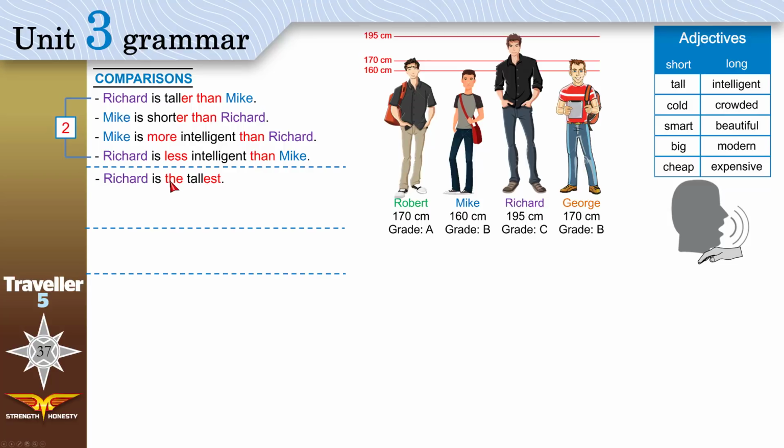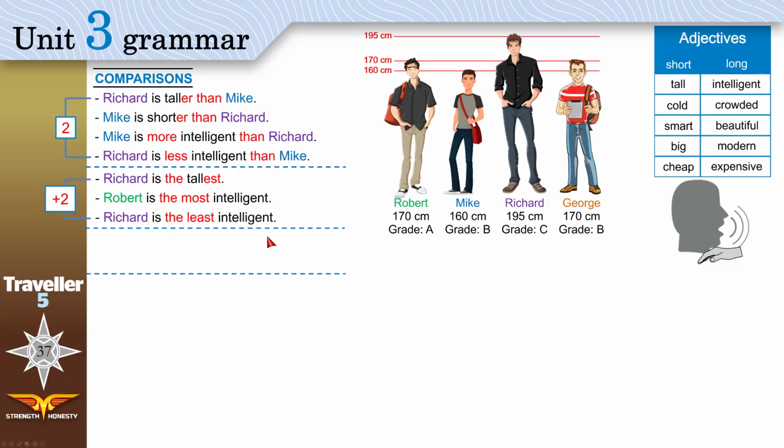Add the before the short adjective, and add est to the adjective. If the adjective is long, we don't say more, we say the most, and the opposite of the most is the least. Richard is the least intelligent. Nobody is C except him. Everybody is higher. Comparing between more than 2, 3, 4, 5.